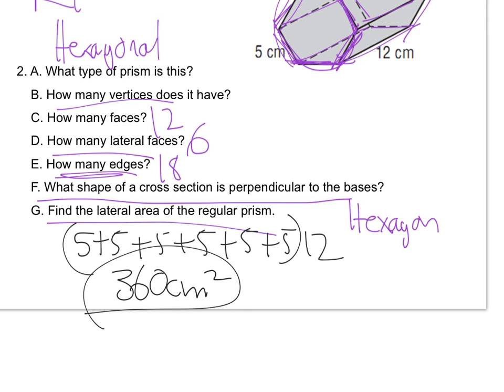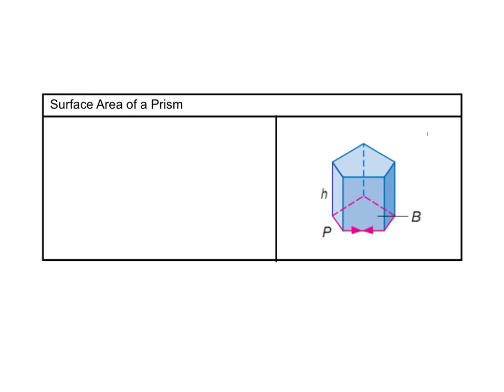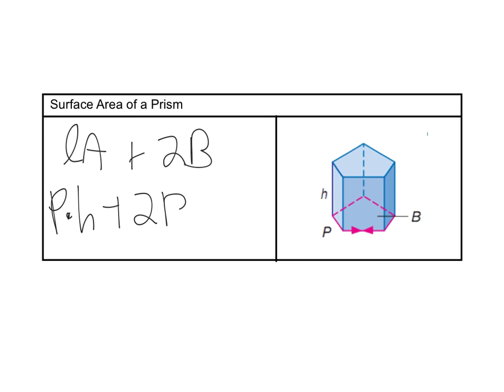That's going to be my lateral area. So surface area of a prism is basically your lateral area plus the area of the base. So you take twice the area of the base. Remember, lateral area just means the perimeter of your base times the height. So now you're just going to add the two bases. Figure out the area of the base, whatever shape that is, and then multiply by 2, add it to this.